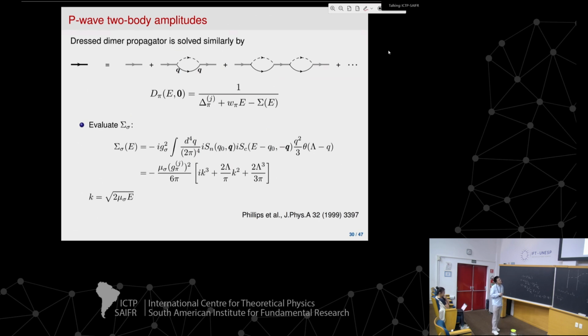You can evaluate this self-energy part as a loop integral, with the single neutron field times the single core field. But different from the S-wave case, because you have two momenta coming in at the vertex, one Q from the left and another Q from the right, you have a Q squared coming in, divided by 3. This is basically like a 2L plus 1 in the denominator.